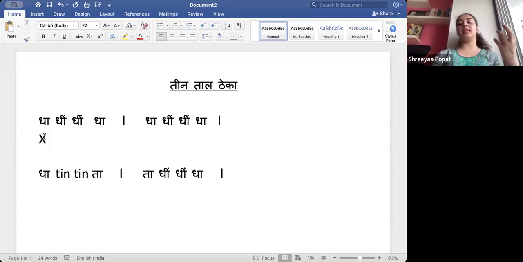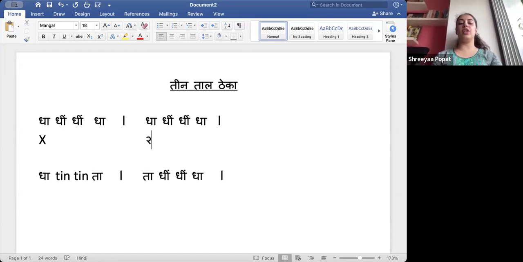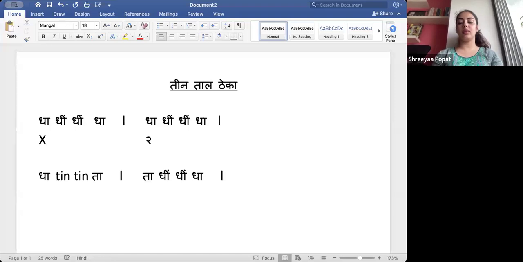That takes priority over the number, so we will not write number 1, but we'll show cross. Then this is the second tali, so you continue showing number 2. This is a khali, so you show number 0. And this is the third clap, so you show number 3.